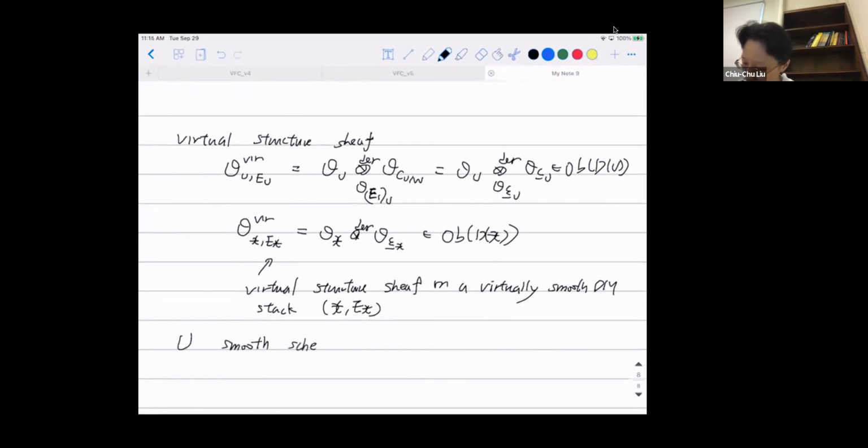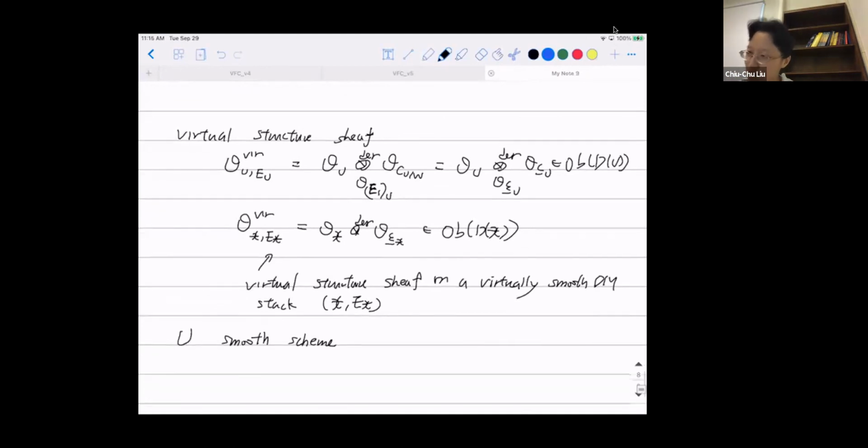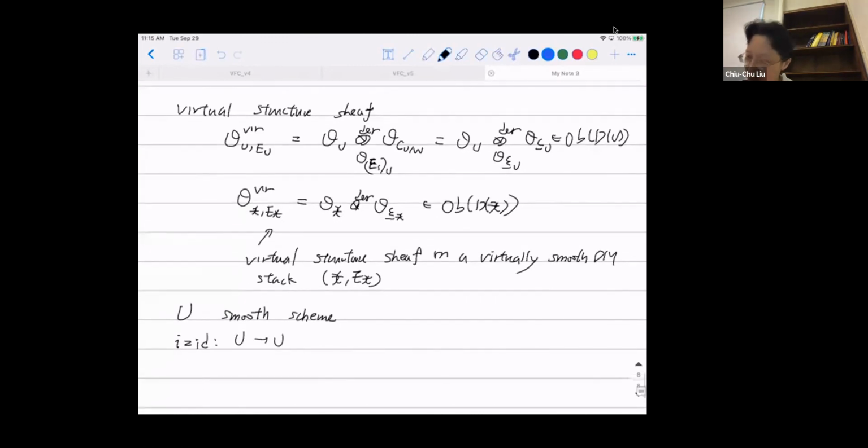If you have a smooth scheme, for the closed embedding into something smooth, one can just take the identity map from U to U, and then the normal cone is just a cone over U, but the fiber is a point, so it's U. And the cotangent complex, since it's a smooth scheme, is just the cotangent bundle of U in degree 0.